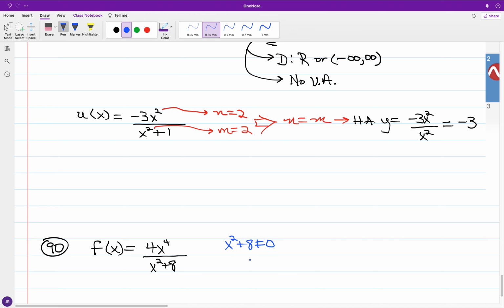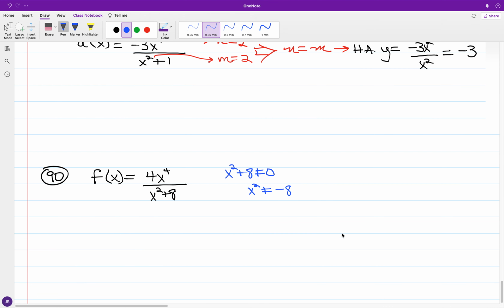Again, if I try to isolate x squared, I have x squared cannot be negative 8. And if I go from x squared to x, we'll have that x cannot be plus or minus the square root of negative 8. So you have plus or minus the square root of 8 times i, and technically that can be reduced in terms of radicals. So you have plus or minus 2 times the square root of 2 times i.